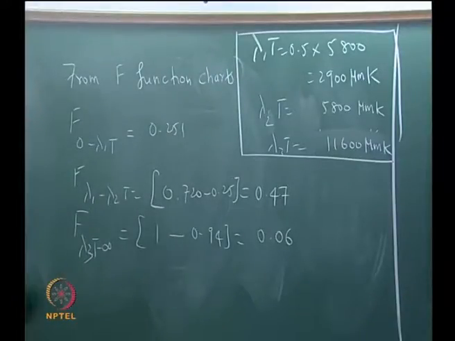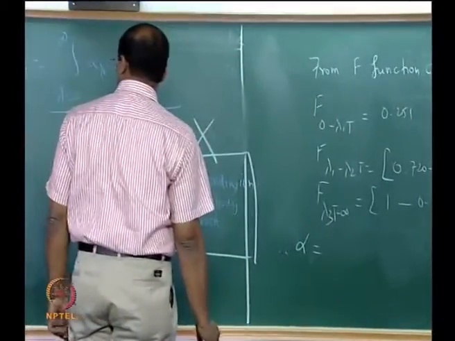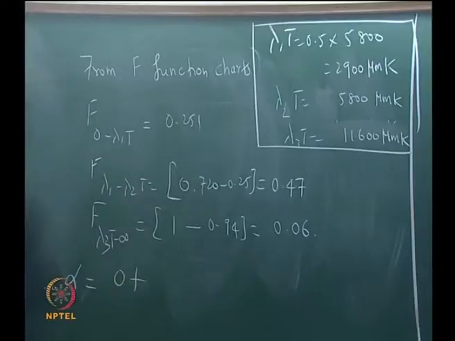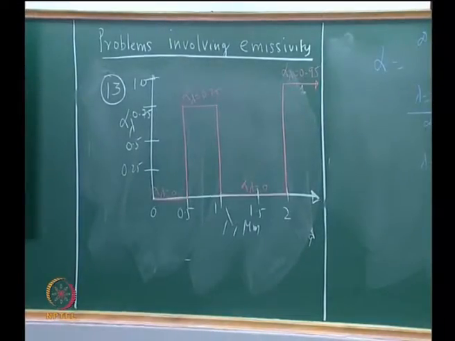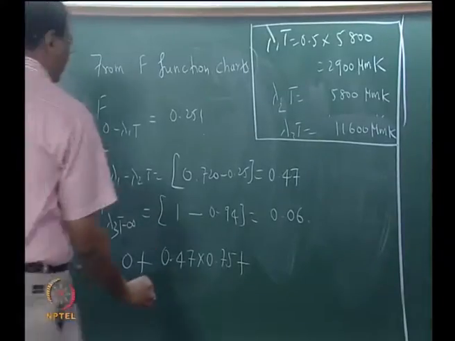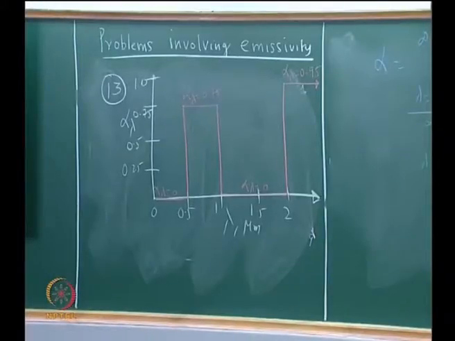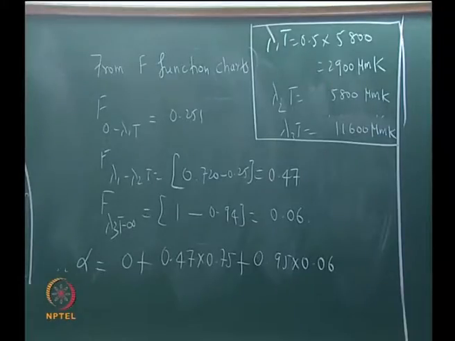Therefore, f of 0 to lambda 1, 0, plus. How much is it? Okay, 0.41.